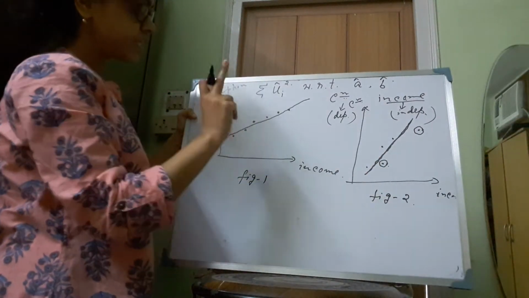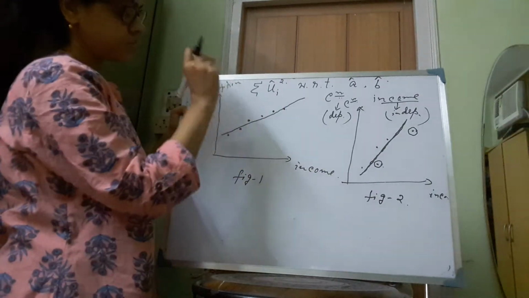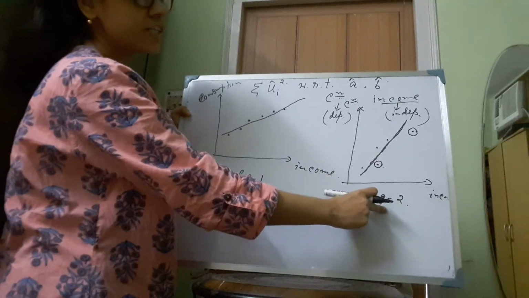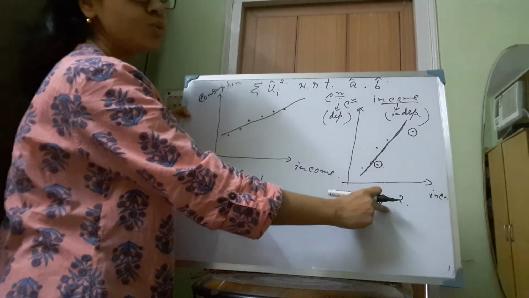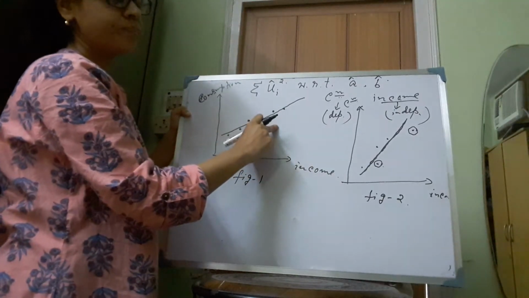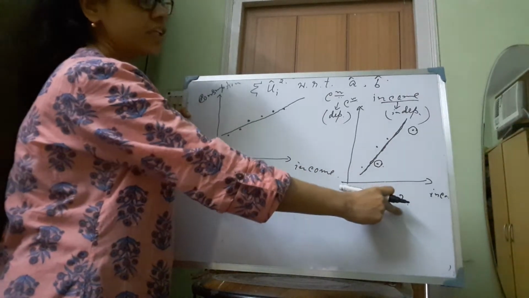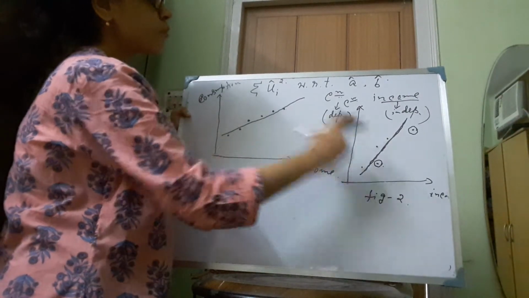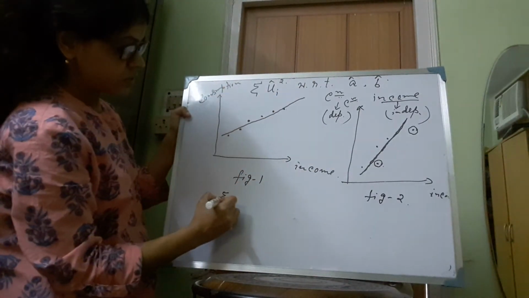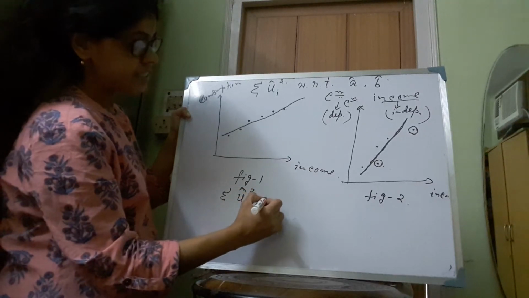So therefore we can infer that the regression line that we are fitting in figure 1 is much better than the regression line that we are fitting in figure 2. So therefore the predictability power of the regression model that we are getting in figure 1 is higher than that of figure 2. So basically therefore we can say that in figure 1, summation of ui hat square is less.